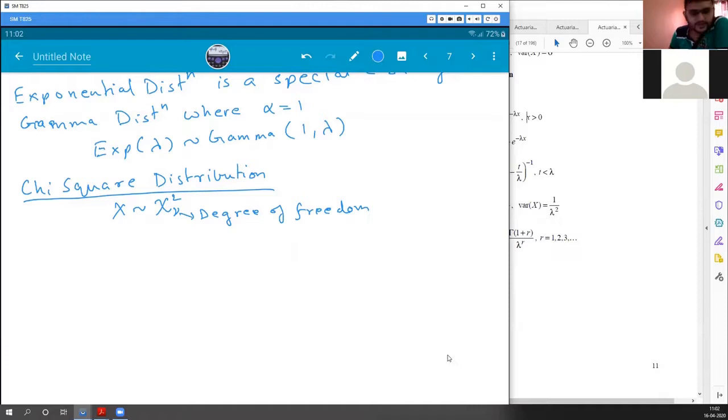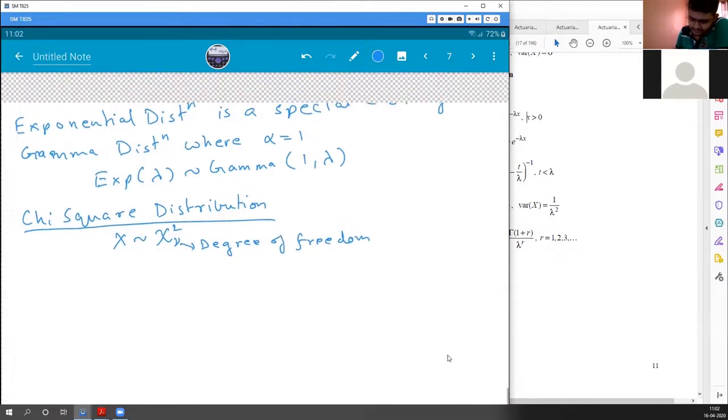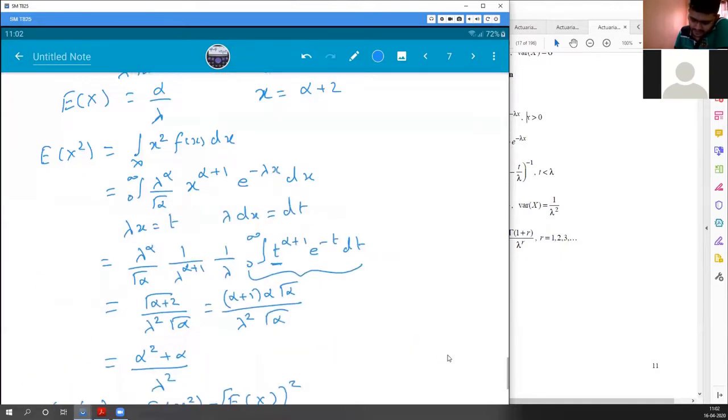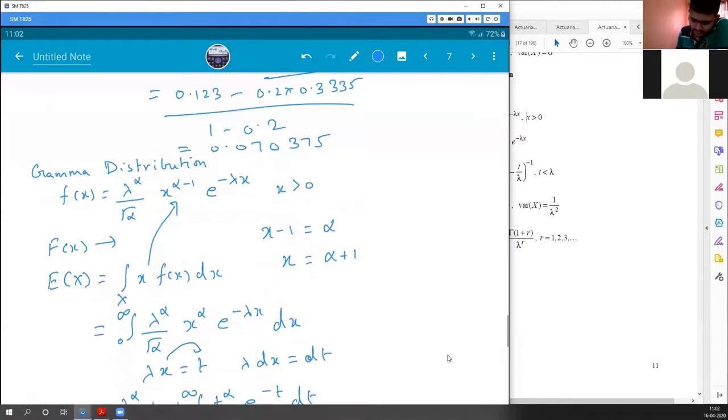Now, the chi-square distribution was formed because we wanted to calculate probability of the gamma distribution. For the probability of gamma distribution, I told you that capital F of x cannot be solved directly because of the integration problem. The second thing would be we'll make tables out of it.